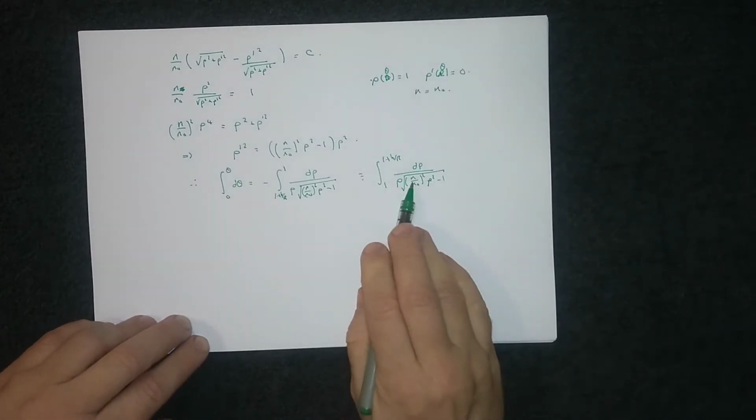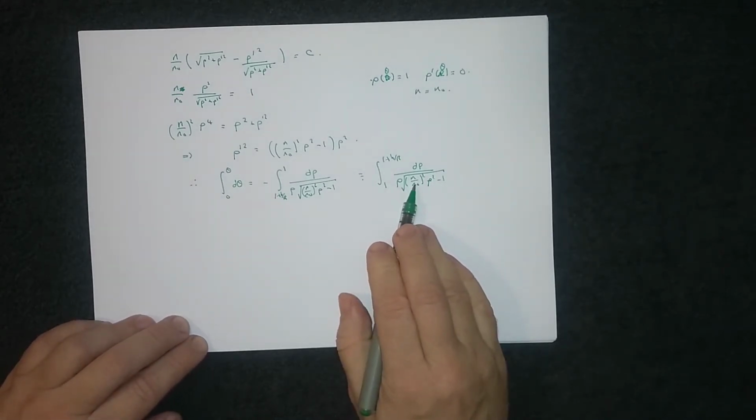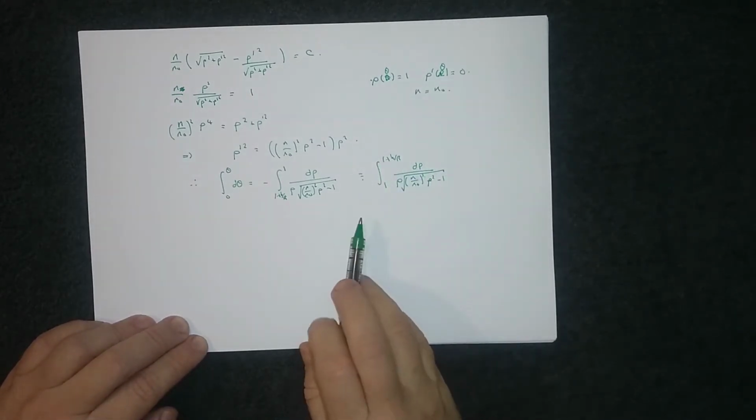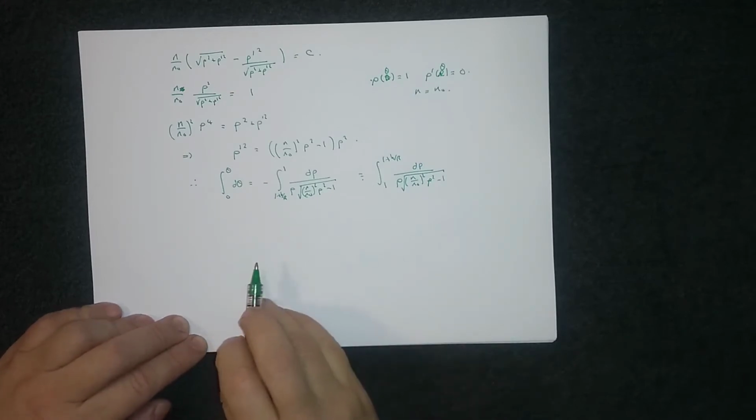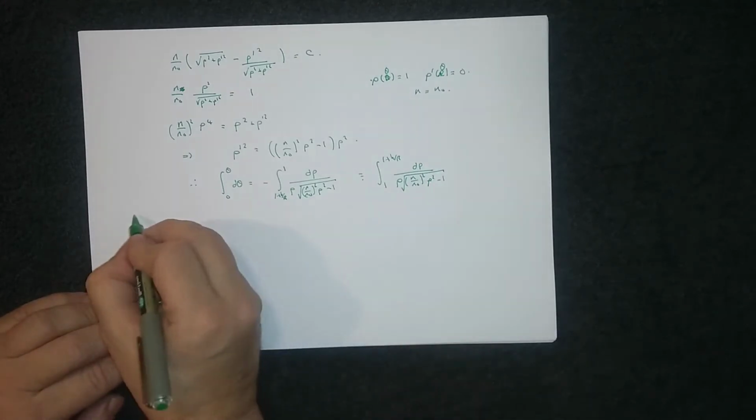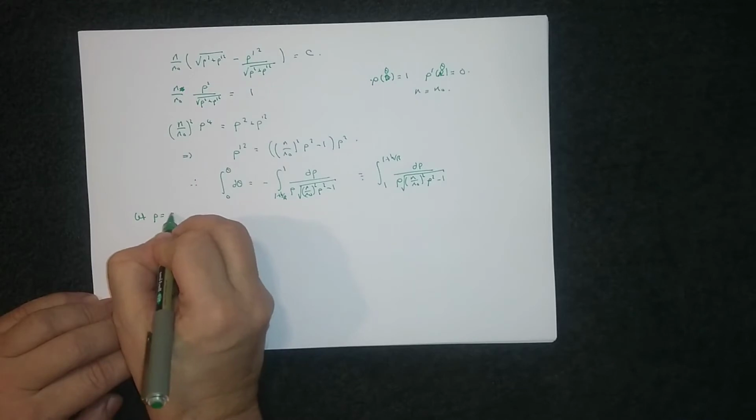In the case that n is n naught, a constant, then this is just an inverse sec integral. Let's write rho as 1 over sigma.